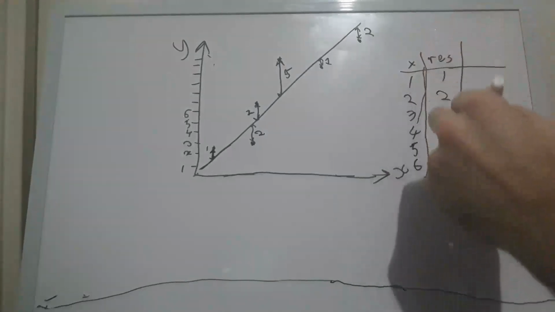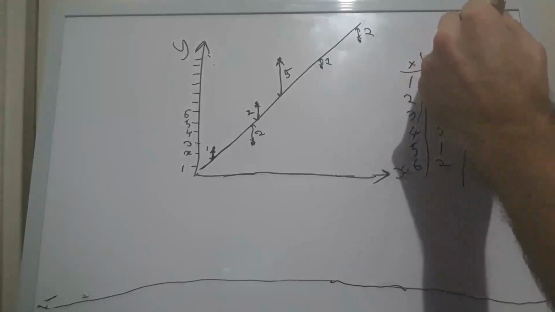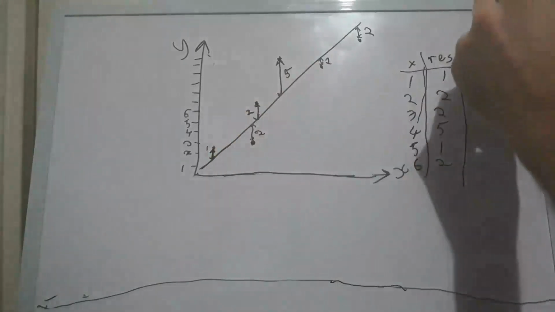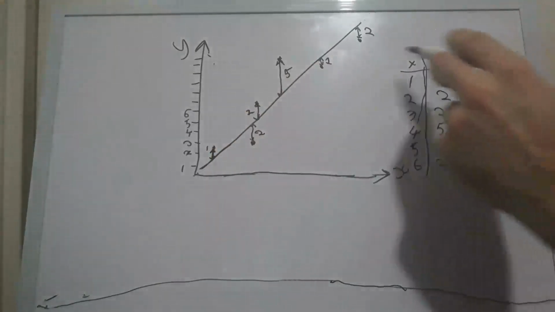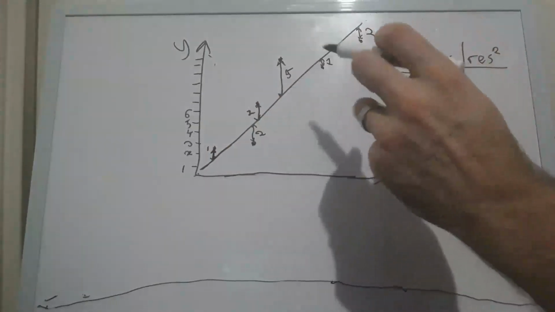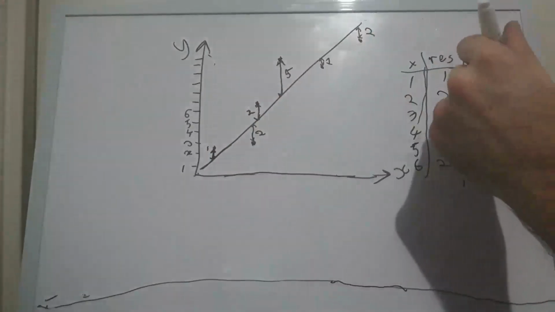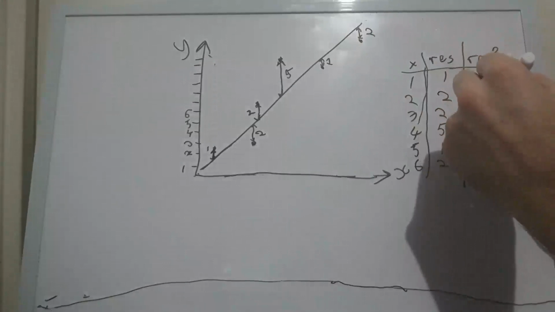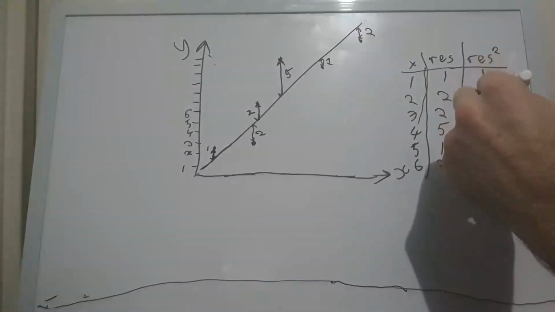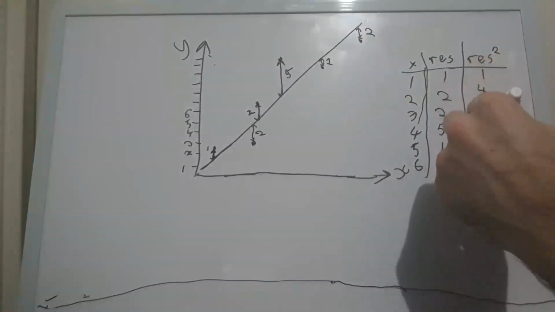Usually, when computers or your calculator try to give you the best line possible, they will consider your errors, or your residuals, and they will square them. So 1 squared is 1, 2 squared is 4, 4, 25, 1, and 4.